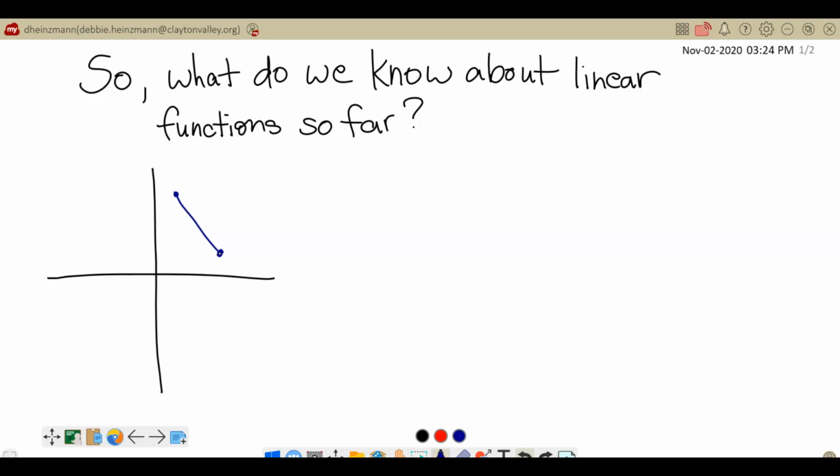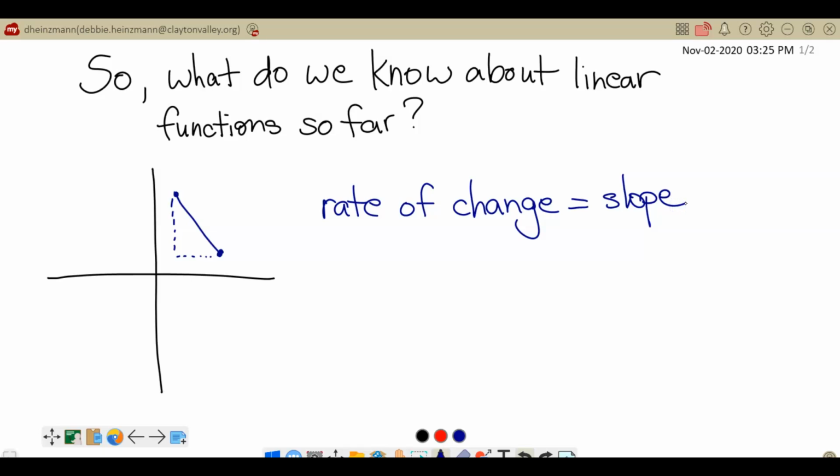We also learned that we can calculate the rate of change or the slope of a line using the slope formula.